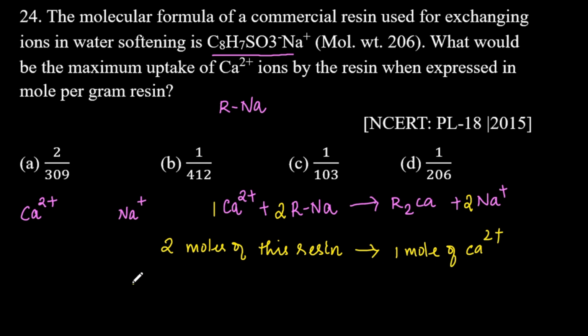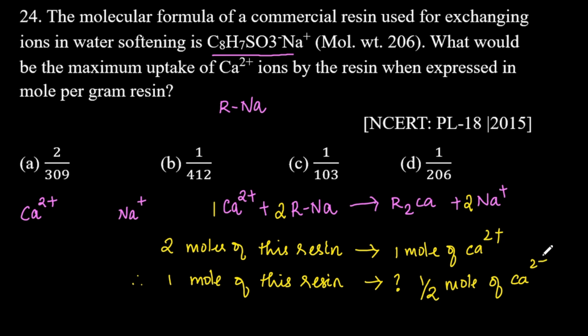Then 1 mole of this resin will exchange how many moles of Ca2+? As you can clearly see, the relation is half for the Ca2+ and this resin. So 1 mole of this resin will uptake 1/2 mole of Ca2+.